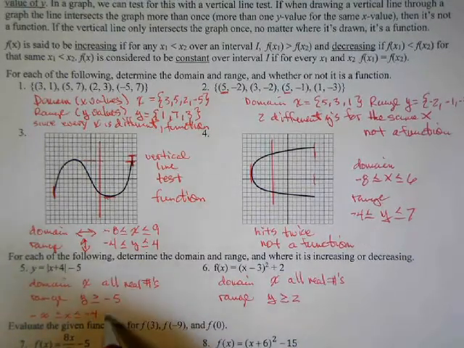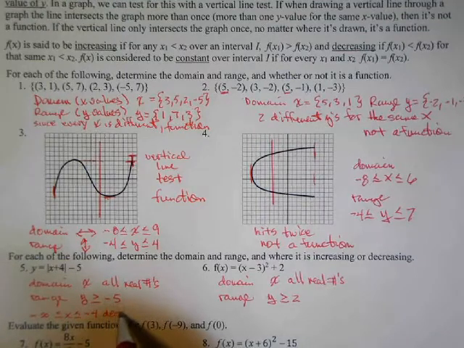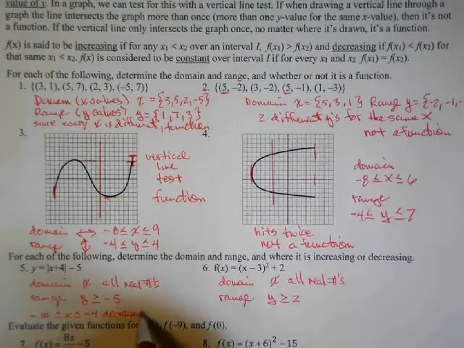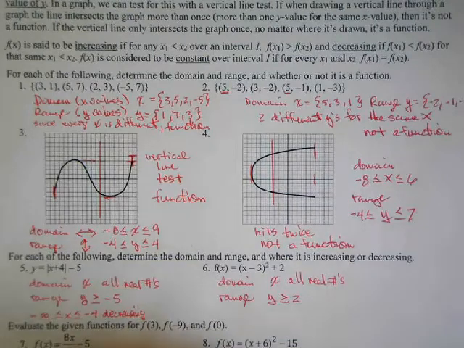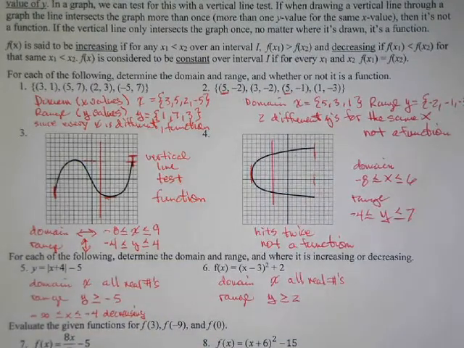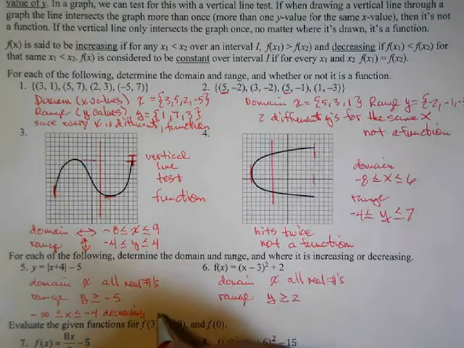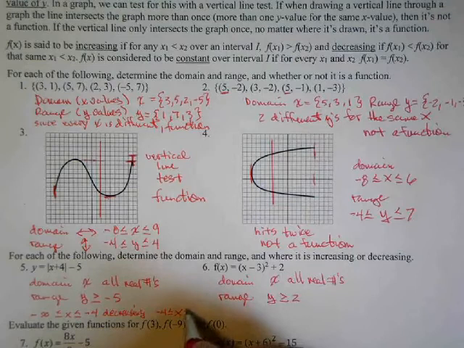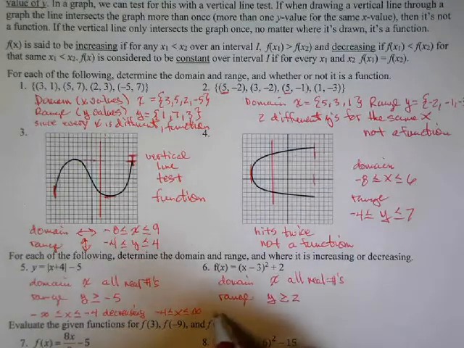In other words, our output value will be less and less. But the 0 is at -4, so once we get past that, anything from -4 and then up to positive infinity will be increasing. The values will get greater and greater.